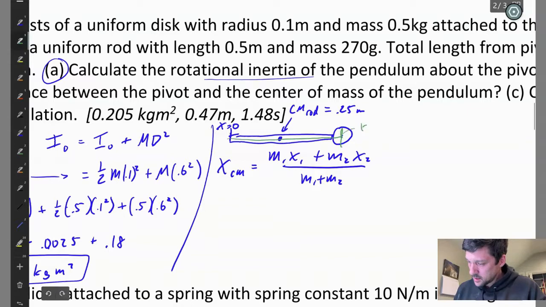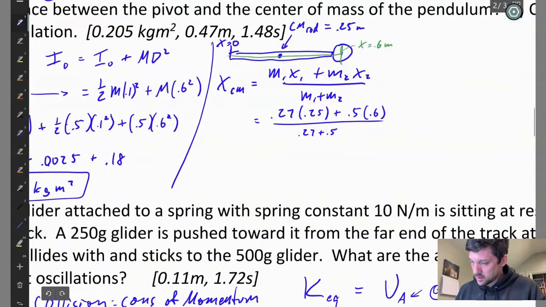at 0.6 meters. So the mass of the stick is 0.27 times its location, which is at 0.25, plus the mass of the disk, which is 0.5 kilograms at a location of 0.6 meters, and the total mass is 0.27 plus 0.5, the rod plus the disk.